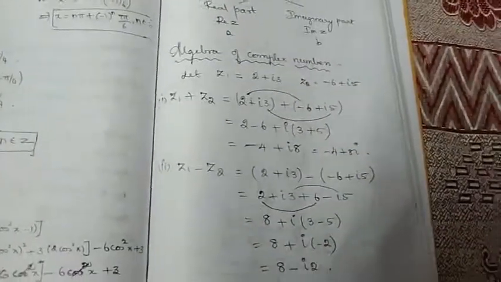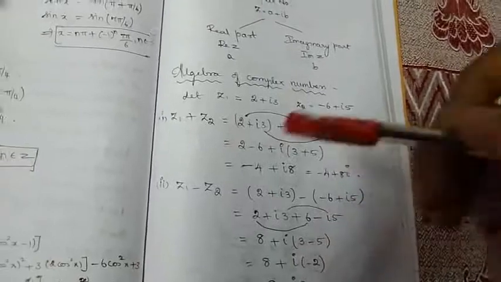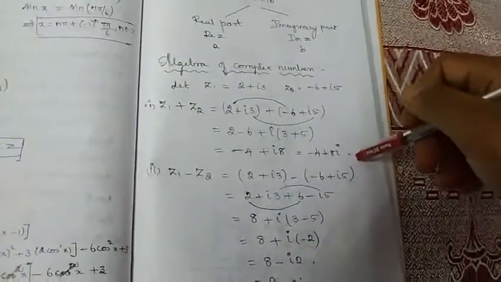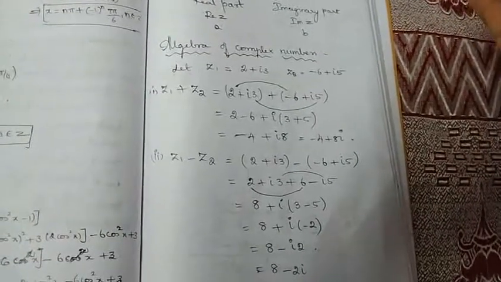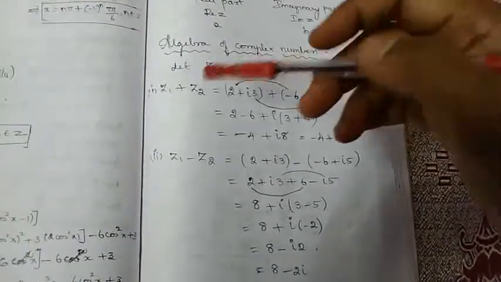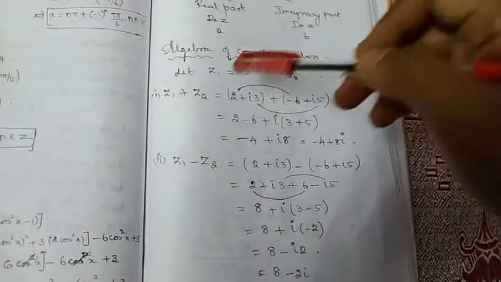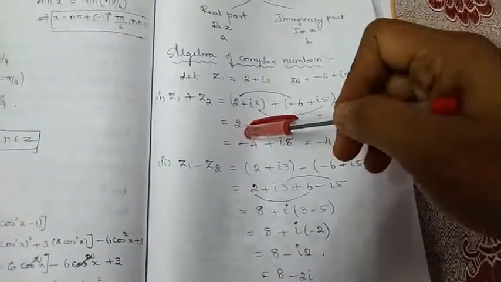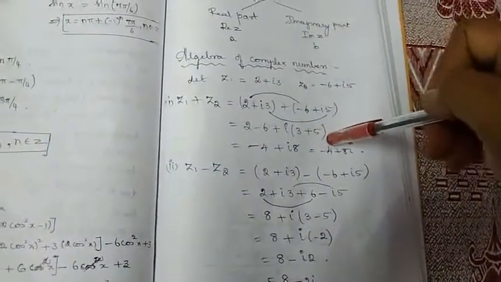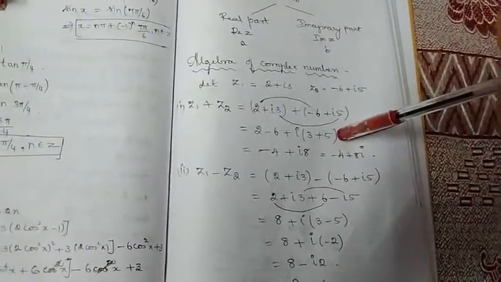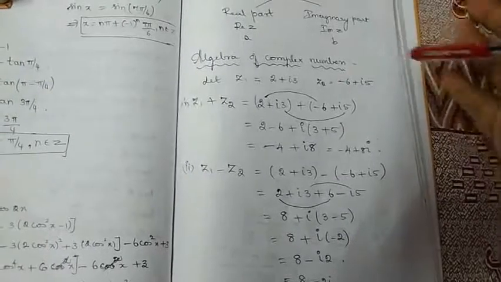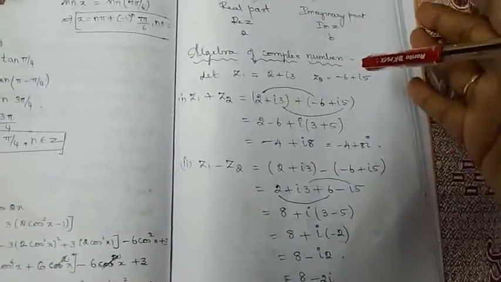Then we have seen algebra of complex numbers, how to add two complex numbers, how to subtract two complex numbers. These can be done like a normal addition and subtraction of integers. When you are adding two complex numbers, the real parts should be added together and the imaginary parts should be added together, like when we add two polynomials, we add the like terms.